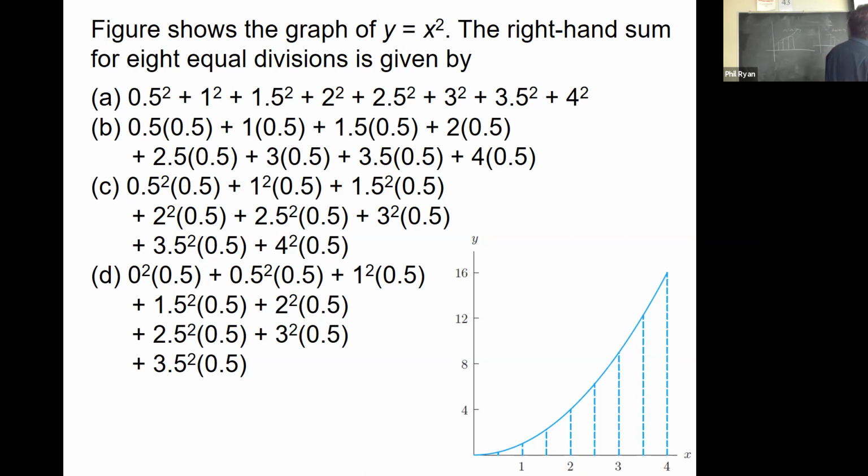Okay. So these things are giving us bases, and now we want to do heights. Which one of these three then gives us the correct height for a right-hand sum?